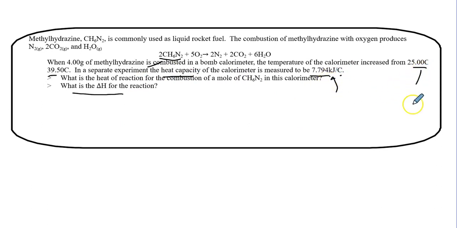The temperature changed from 39.5 minus 25 equals 14.5 degrees Celsius. Get rid of degrees Celsius and go to kilojoules. 1 degree Celsius is 70.79 kilojoules.